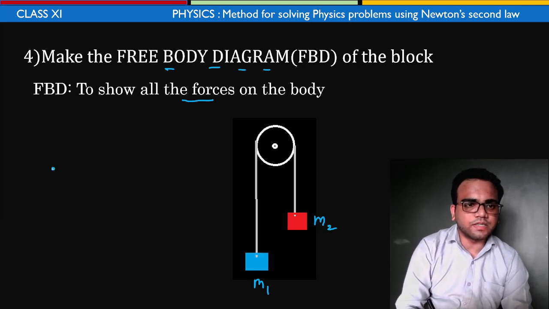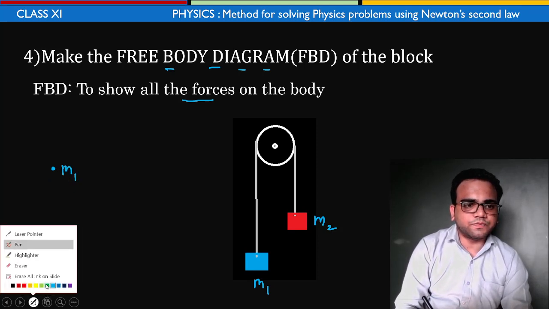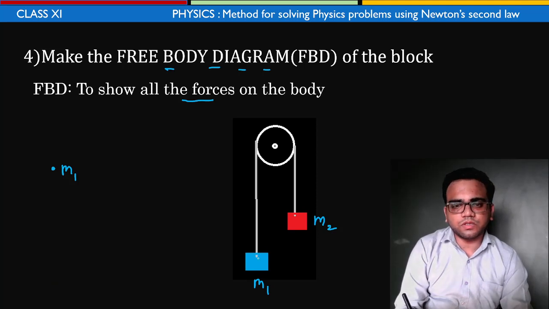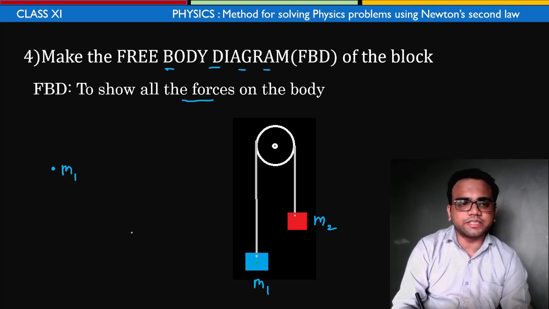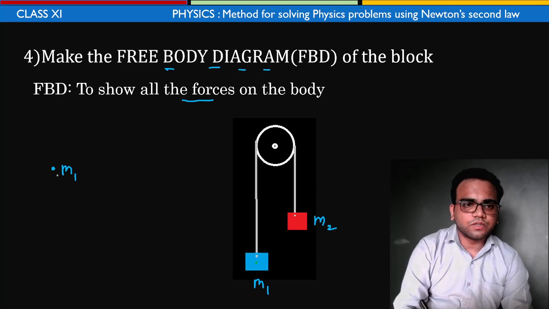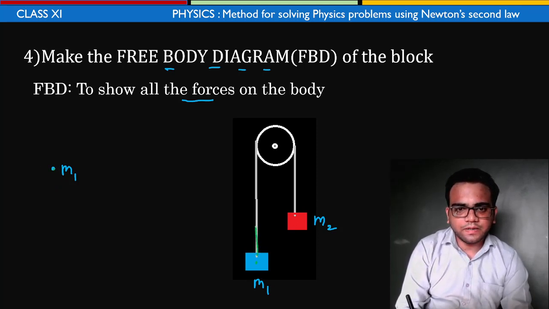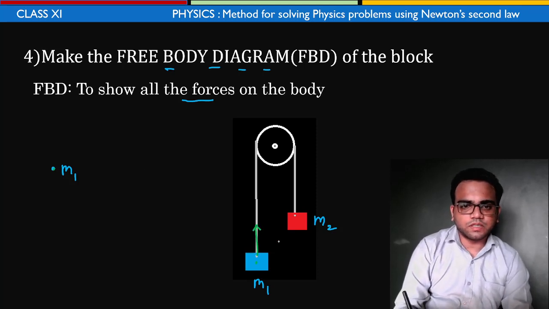This is our m1 mass. What is the force on this mass? I am considering only m1. The string will pull it towards itself.